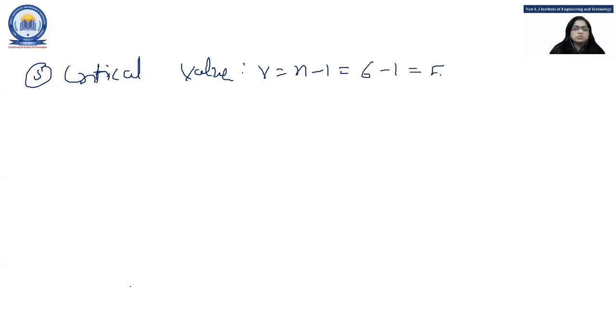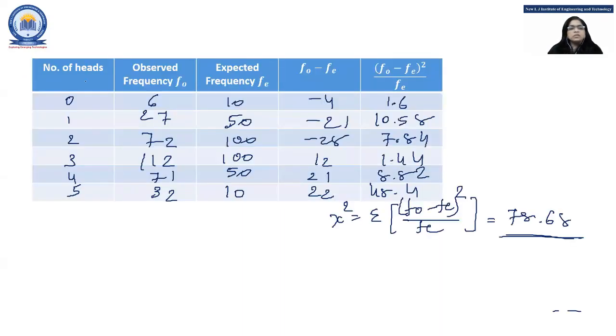Now the critical value, and that is the next step. Here, fifth one is critical value, and for the critical value, V is n minus 1. So 6 minus 1, so 5. Students, please remember, for the critical value our n is the total observations, that is 6: 1, 2, 3, 4, 5 and 6, right?